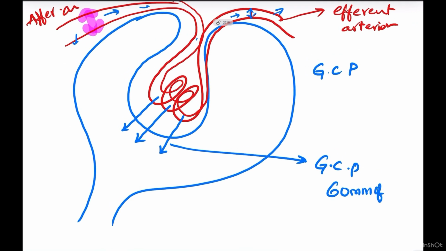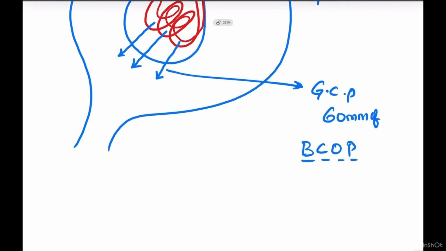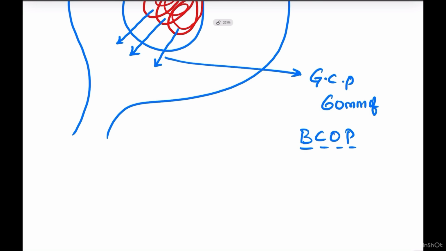Next we go with the blood colloidal osmotic pressure, BCOP. You know very well that blood consists of a lot of albumin. Albumin is one of the most abundant proteins present in the blood and helps with osmotic pressure balance.